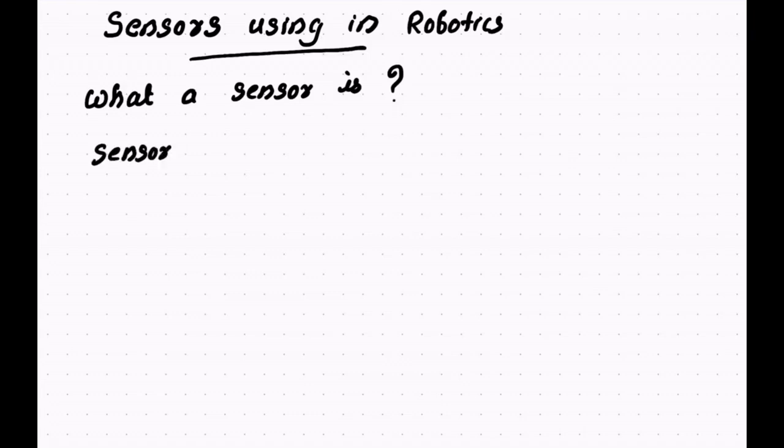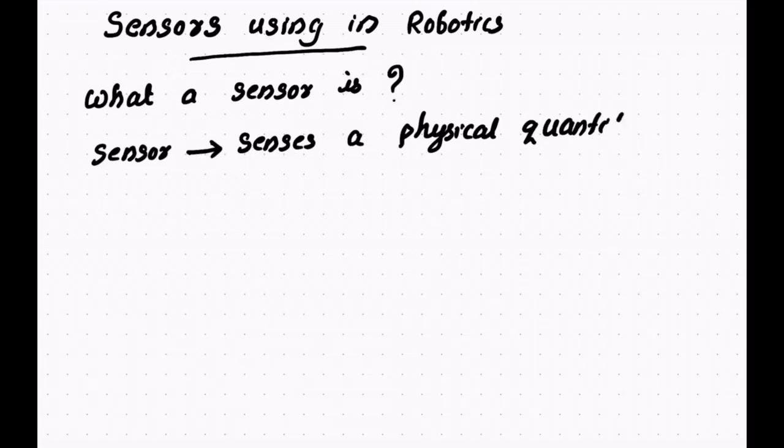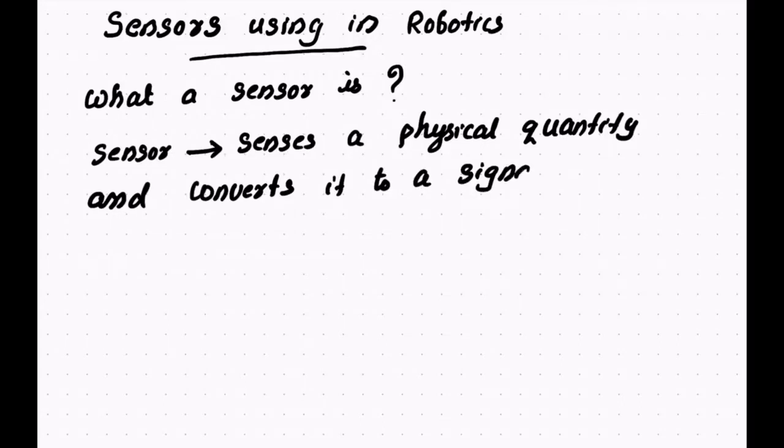A sensor senses or measures a physical quantity and converts it into a signal that can be read by an observer or an electronic device.